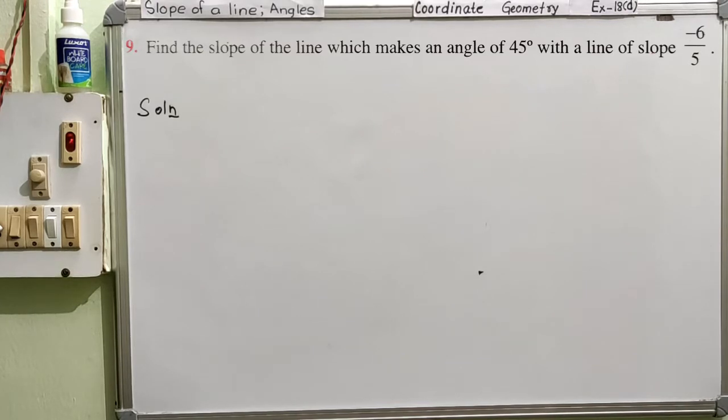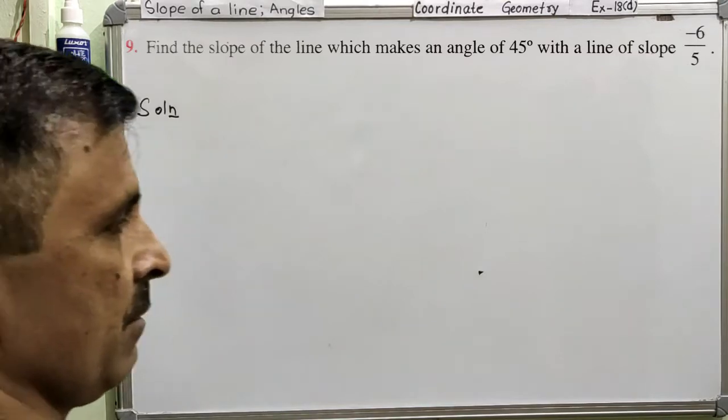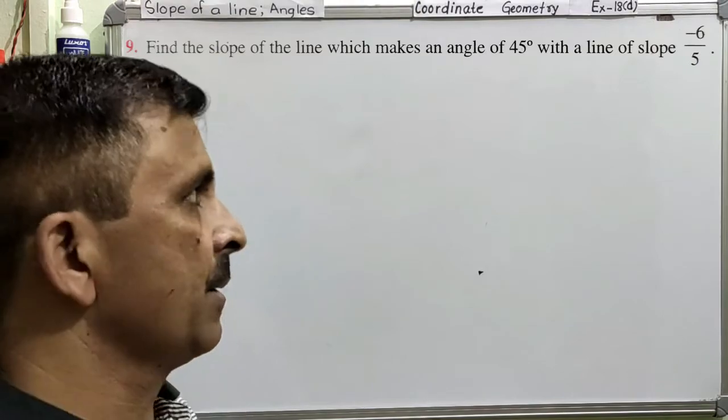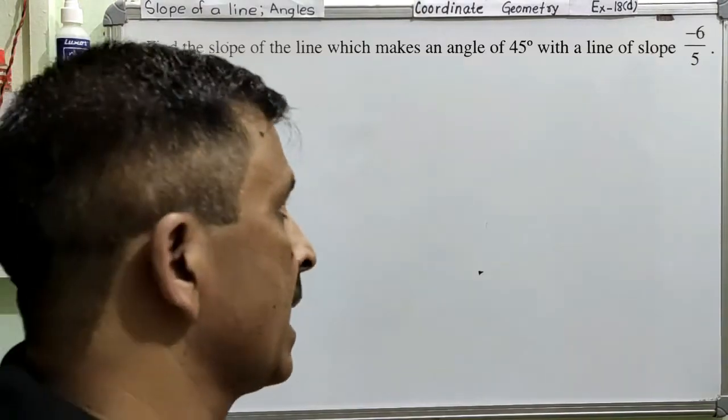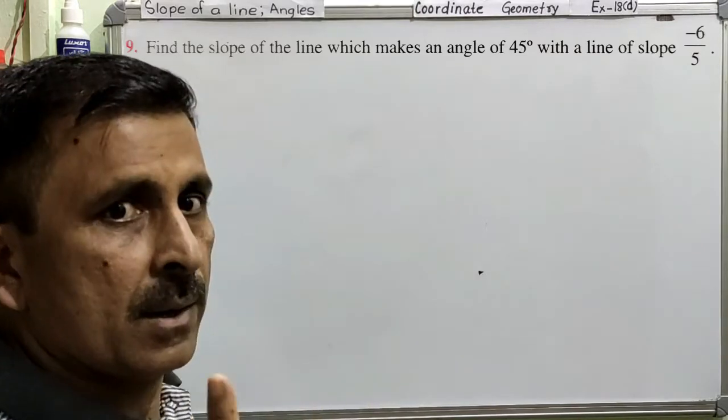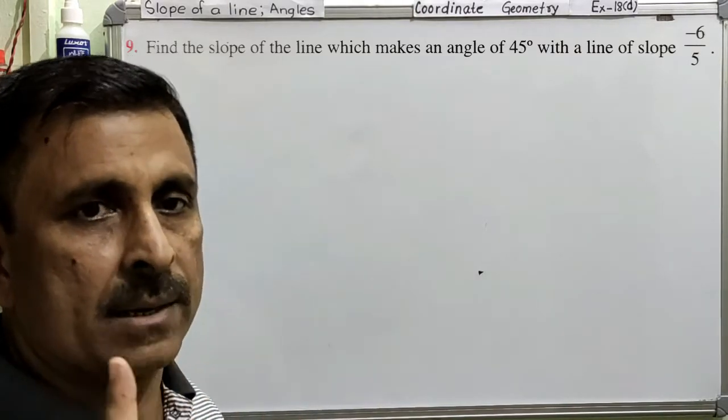In the previous question we calculated the angle. So when the question is to find the slope, if one angle and one slope is given, we will use a similar formula, but there are two possibilities, so the formula will change a little. Please be very mindful when you are calculating slope.